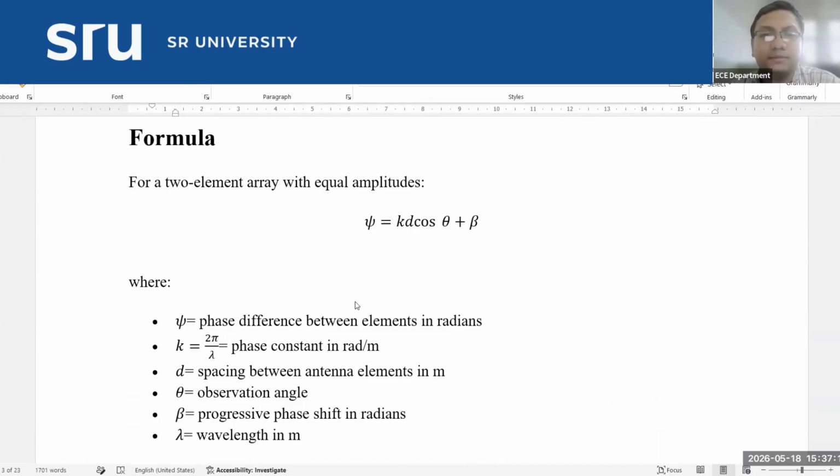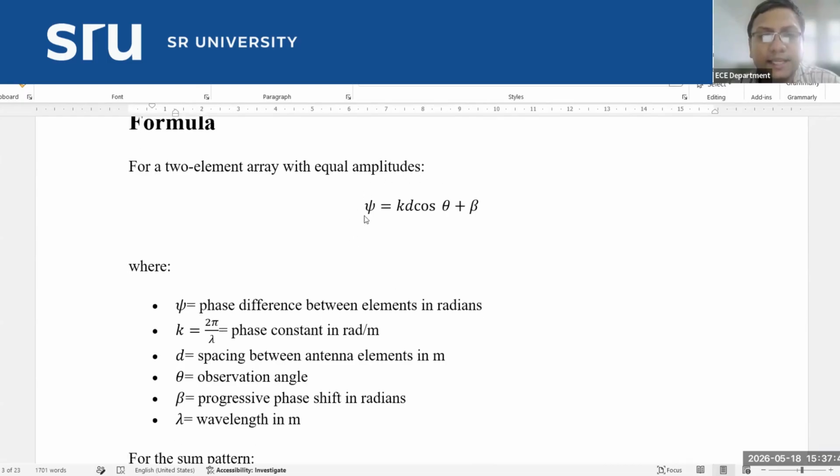We assume that the signals that are being fed to those antenna elements have equal amplitude, but some phase difference that is denoted by beta. So psi is equal to kd cos theta plus beta. That is the governing equation.